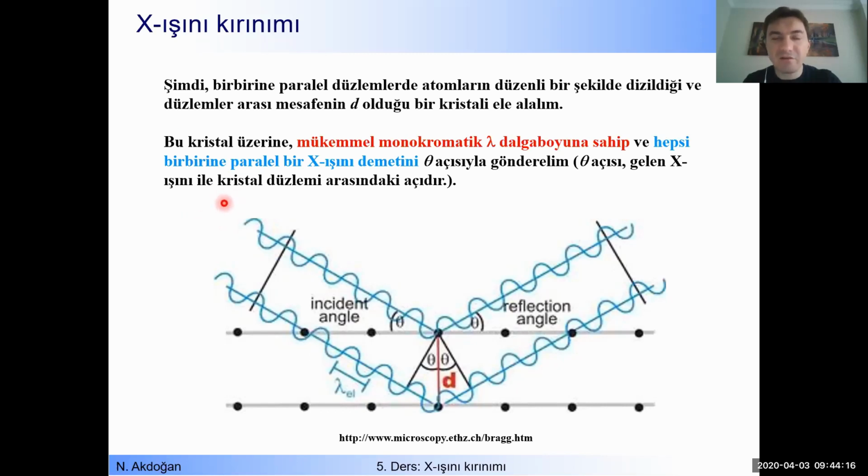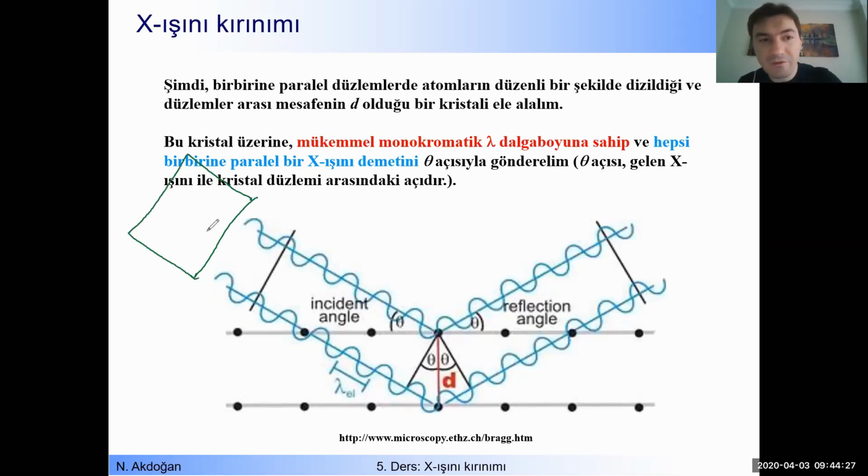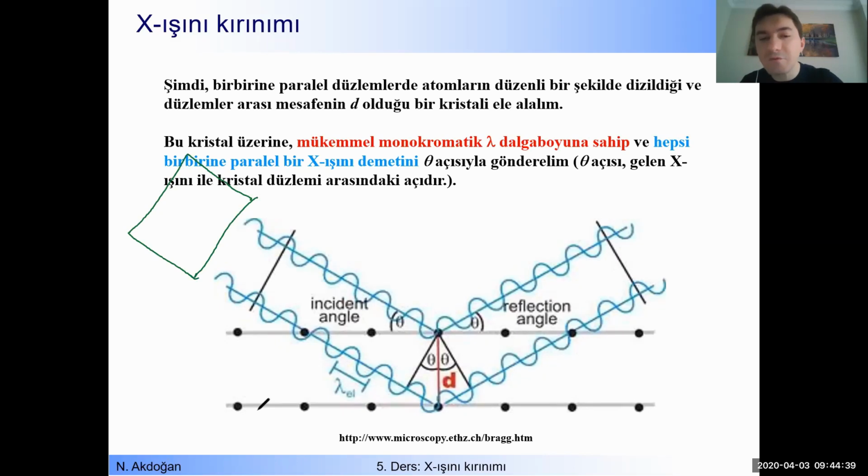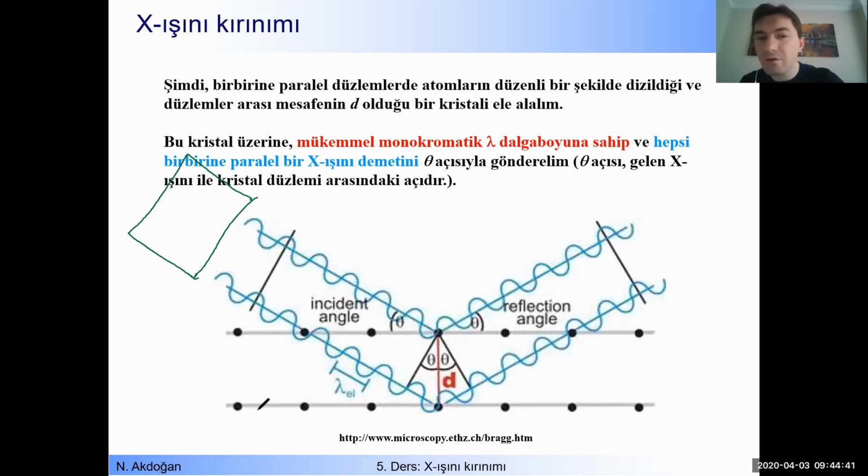Here we have an X-ray source, and X-rays are produced within the source, and they are coming to the crystal, and they are reflected, diffracted, scattered, absorbed within the crystal. Okay, all the absorption, diffraction and scattering mechanisms can happen within the crystal.